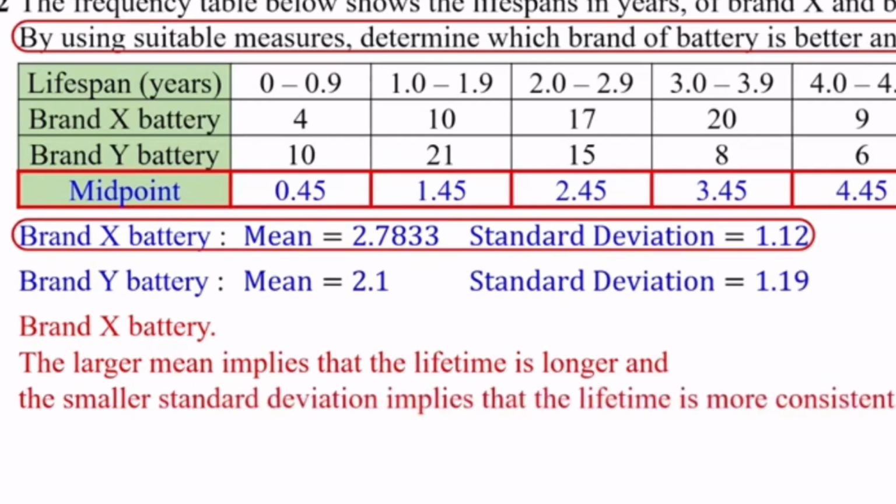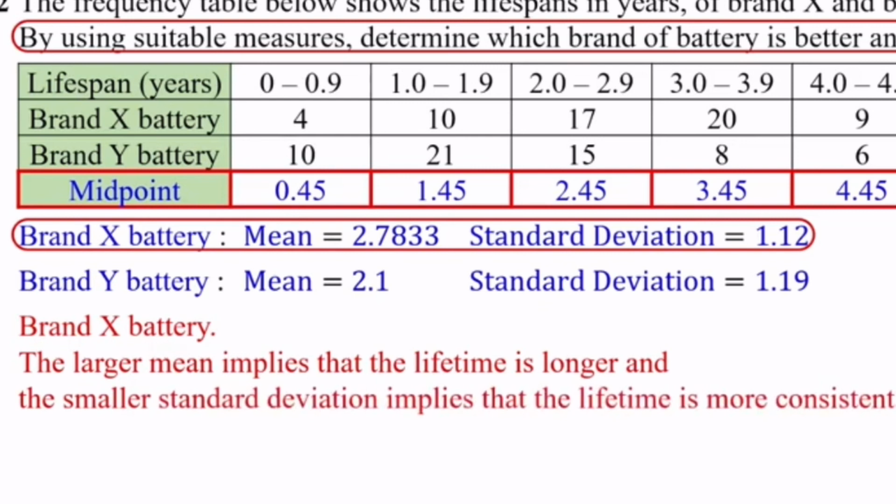So the conclusion is: brand X battery mean is 2.7833, standard deviation for brand X battery is 1.12, brand Y battery mean is 2.1, standard deviation for brand Y is 1.19.